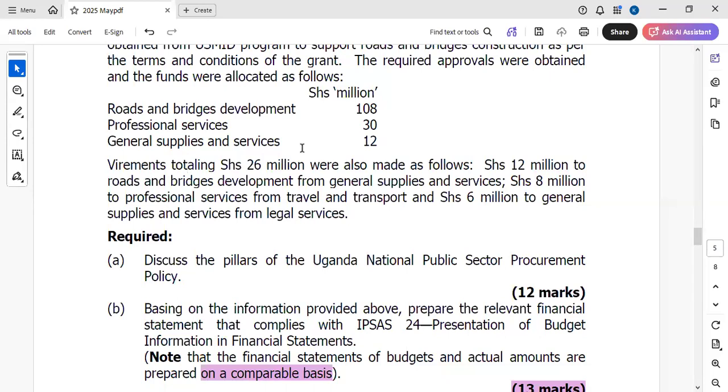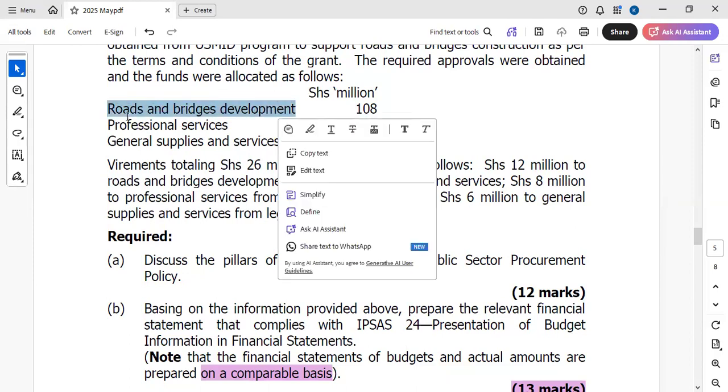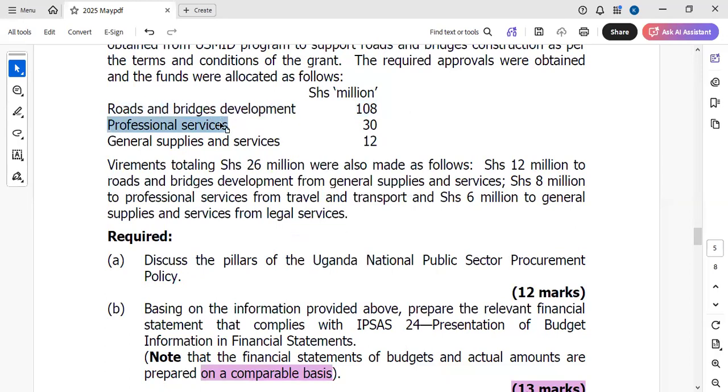I beg your pardon, virement. It's like you're doing reallocation. If you had budgeted 108 under this expenditure item, you reallocate, like you transfer, you remove that money from this budget item to another budget item within the same entity.